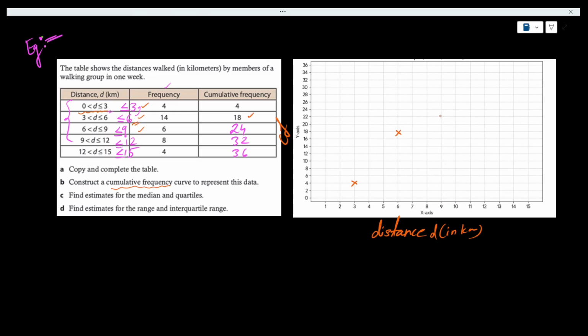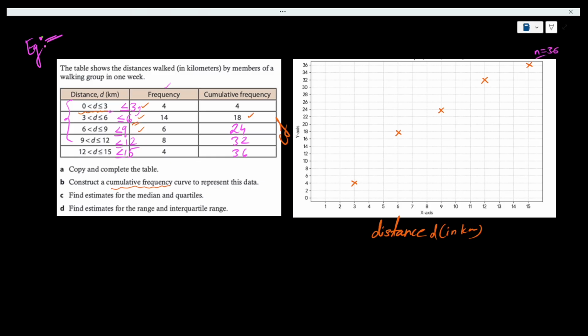So slowly, if you see, gradually it is increasing. Less than or equal to 12, there are 32 members here. 32 people have walked less than or equal to 12 kilometer, and for 15 kilometer it is 36 altogether, because 36 are the members. So at the end you will always get, for the last interval, the total members here, correct?